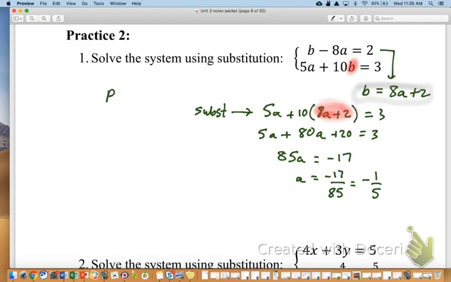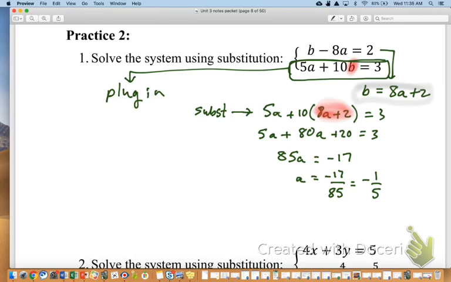After I found that, I've got to plug in. And I would say of the two things I could plug in, I probably would plug into this one. I'm going to plug in, check it out, 5a. Well, a is negative 1/5 plus 10b equals 3. I'm just going to plug back in. What's 5 times negative 1/5?